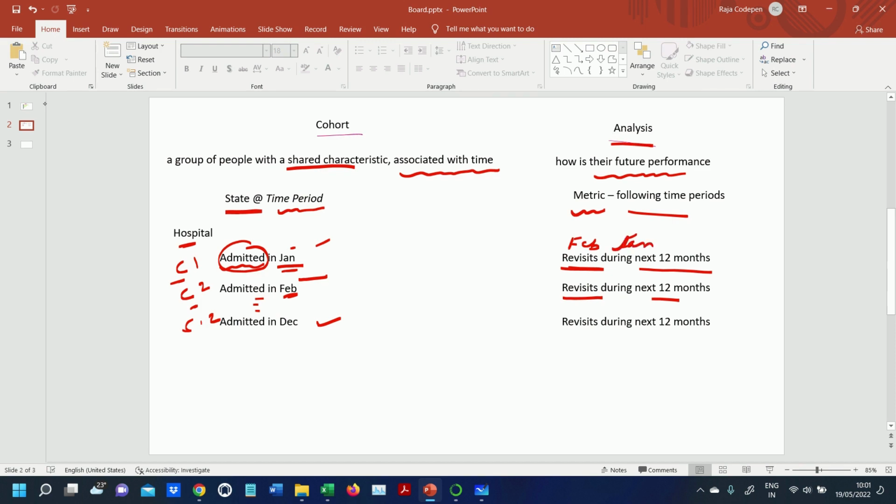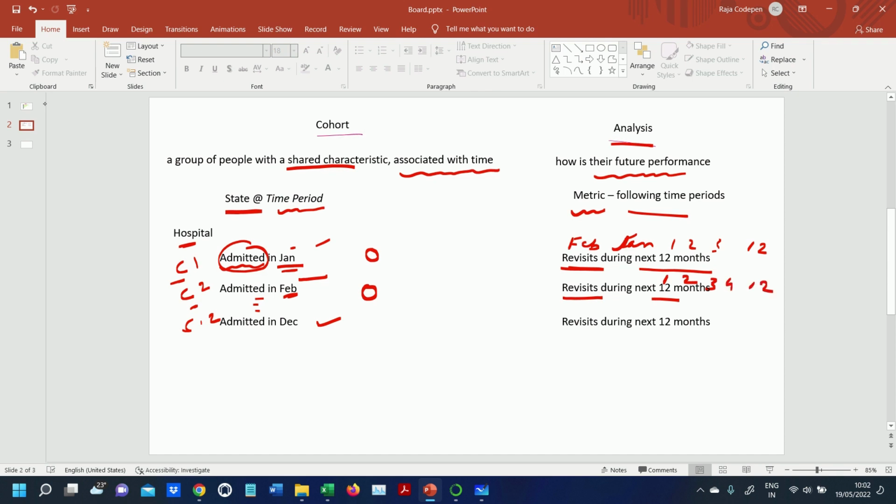If you consider the current month as time period 0, you're going to study for the next 12 time periods starting there. For everyone you consider their current month as 0, so for this cohort, February is 0. Starting February, you're going to study their revisits from subsequent months.